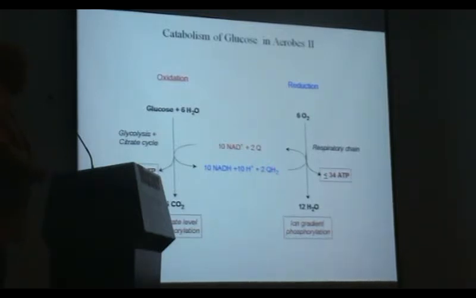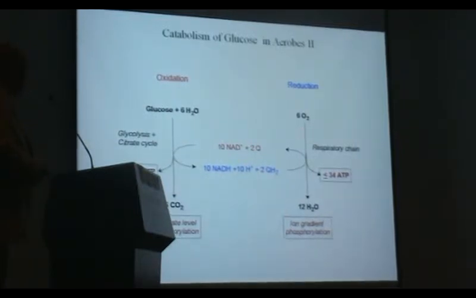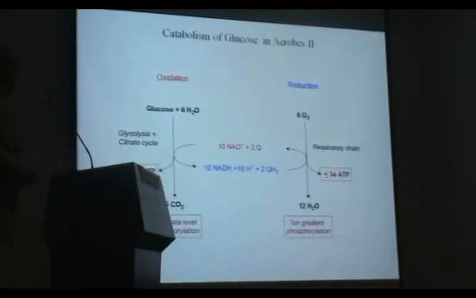In the reductive part, where these oxidants are regenerated, oxygen is reduced to water, and thereby up to 34 ATP are conserved by ion gradient phosphorylation.